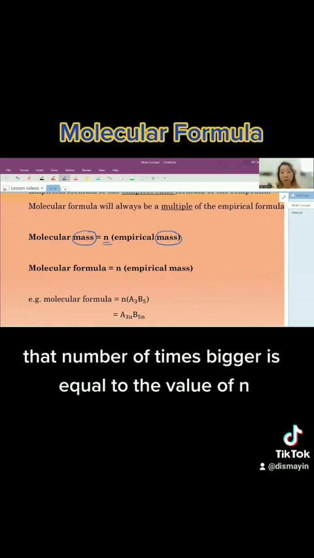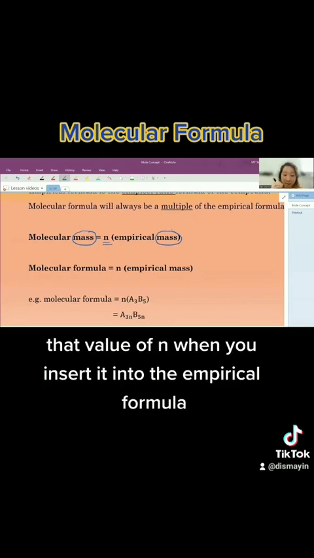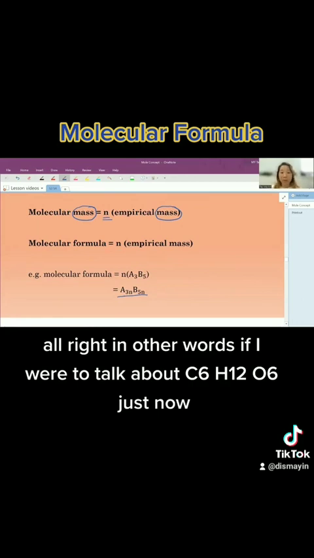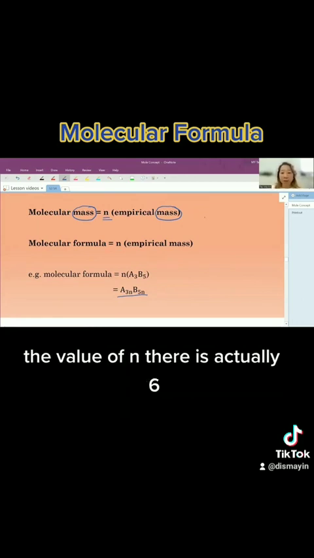That number of times bigger is equal to the value of n. And that value of n, when you insert it into the empirical formula, it will actually give you your molecular formula back. Alright? In other words, if I were to talk about C6H12O6 just now, the value of n there is actually 6.